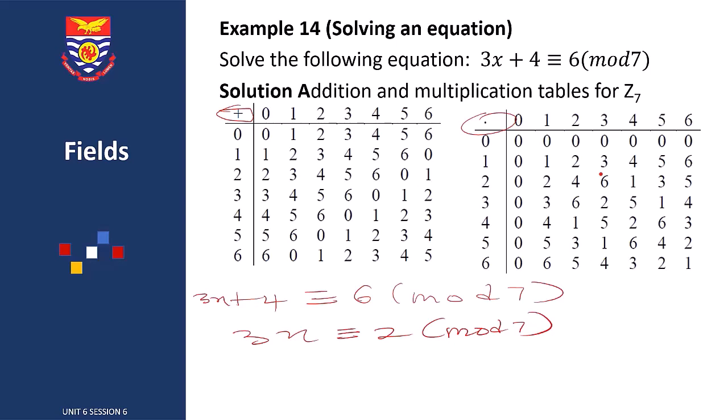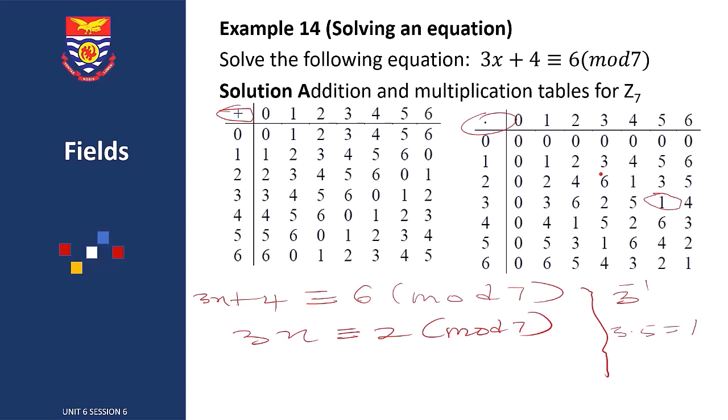So in that case, we want to see if we can get 3 to the power negative 1. Dividing both sides by 3 is the same as multiplying both sides by 3 to the power negative 1, and I hope you agree with me. From the multiplication table, 3 times 5, what do I get? 3 times 5 is actually equal to 1.